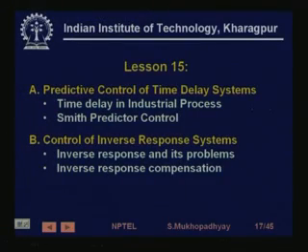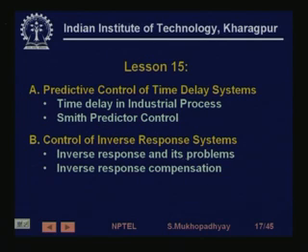Then we took a look at typical techniques to control process time delays, which are very common because of material flow times, etc. in process systems, and also non minimum phase systems, which are also not uncommon, for example in drum level control.